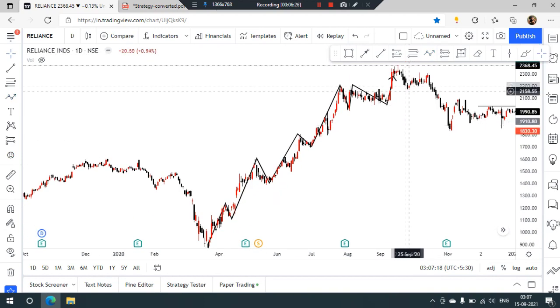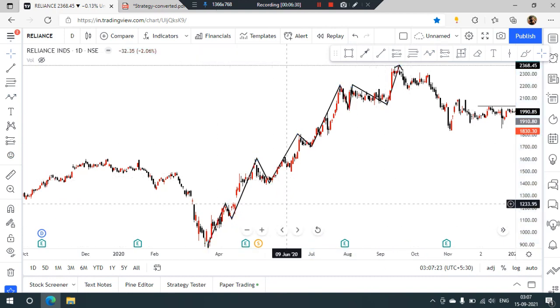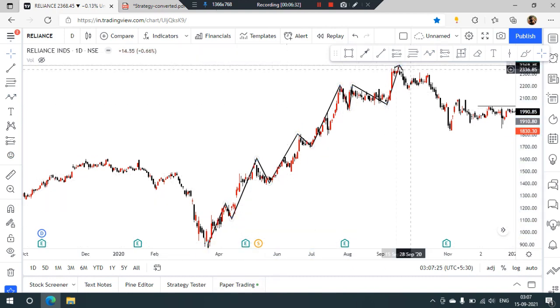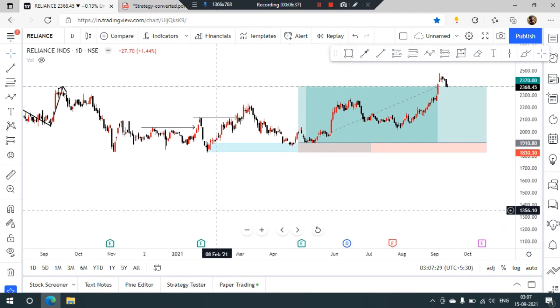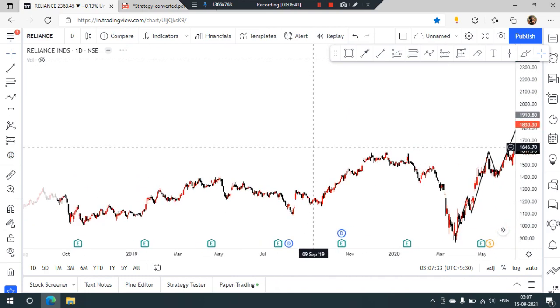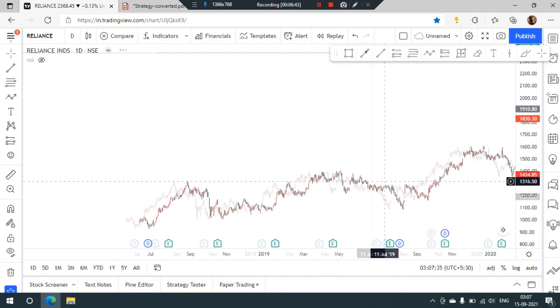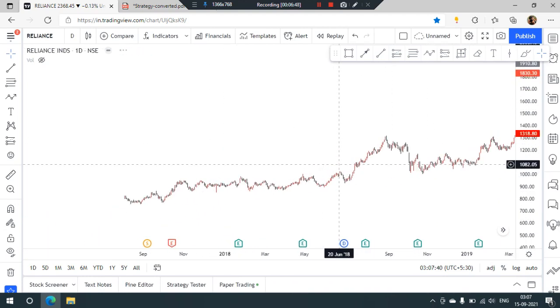So it went just like that. From this part onwards, here we have an uptrend. I'm going to leave that part. You again have an uptrend over here.